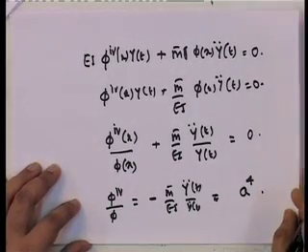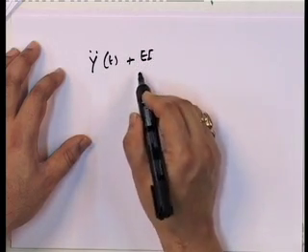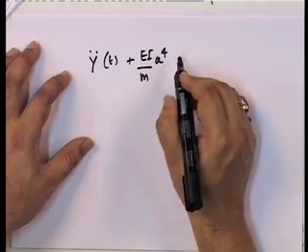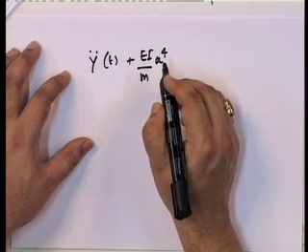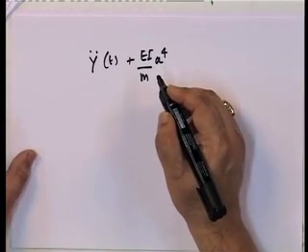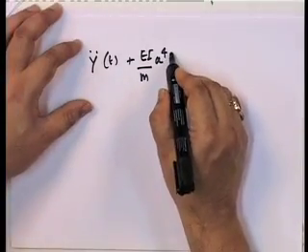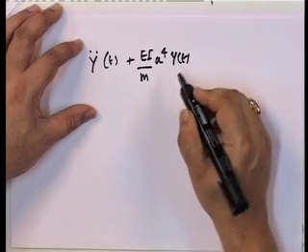What I get is the following: one equation makes it that y double dot plus EI upon m bar a fourth into y of t is equal to 0.